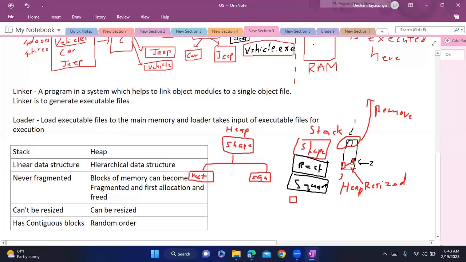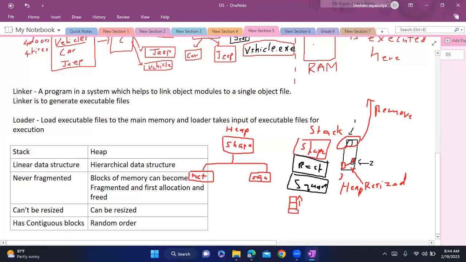So in stack, it will be going the full file, which is not fragmented and not resized, one file, and then it will continue in order this way, right? Without getting the first part executed and removed, it will continue like the square will be executed first, then the next rectangle, and so on.